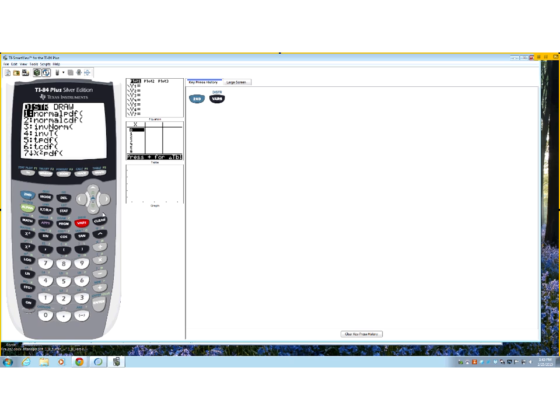So don't get sidetracked by all the other PDFs. You have to scroll down until you see binomial PDF. And there it is. There's two options. There's the binomial PDF and the binomial CDF. When you have one value of x, you're using the binomial PDF. Okay, so I'm going to select that.